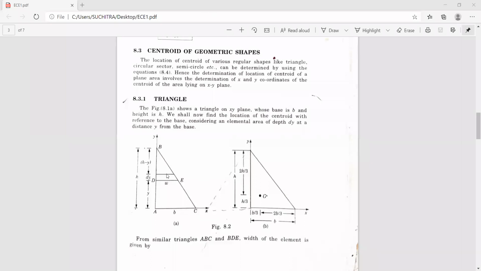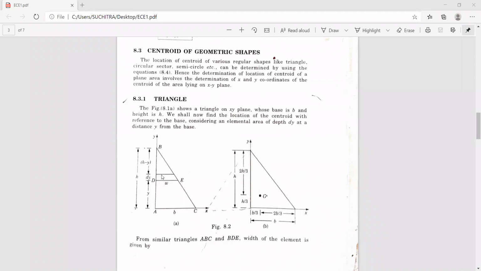Now let us consider a small elemental strip having a width W, which is at a distance y from the base, because we are finding the centroidal distance with respect to base. So consider a right angle triangle on the XY plane whose base is B and height is equal to H. Let us consider a small elemental strip of width W at a height y from the base, and the depth of this small elemental area is dy.